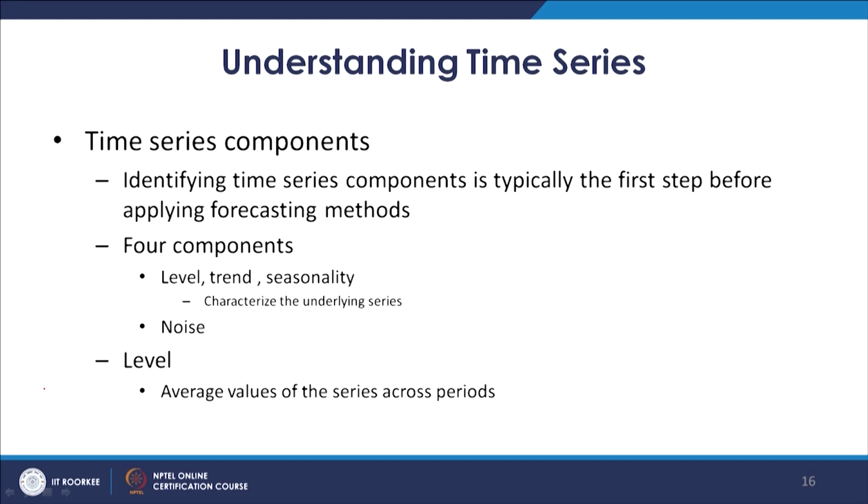These 3 components, the level of the time series, the trend, and the seasonality part, in a sense characterize the underlying series. They are more important for us to identify, because when we talk about forecasting time series, if we are able to analyze and model these components in some fashion, they are going to give us a good enough forecast.